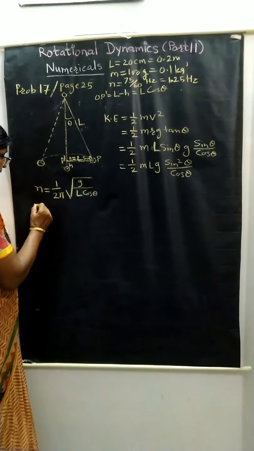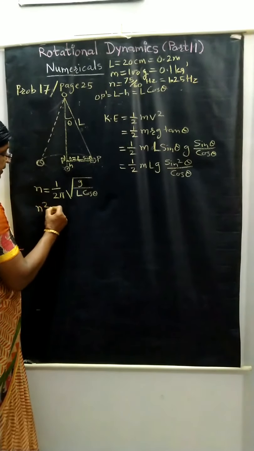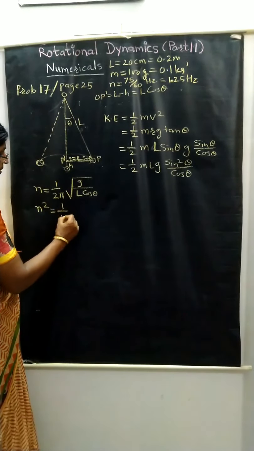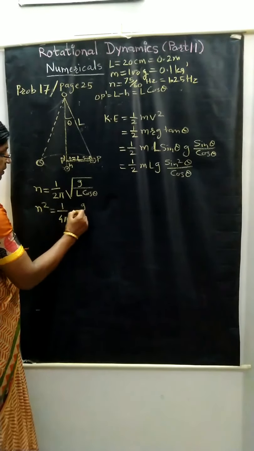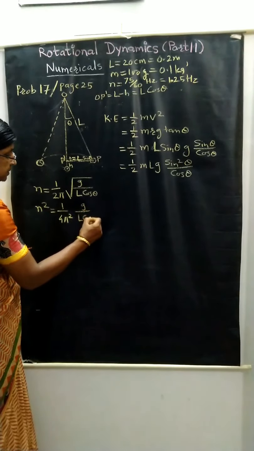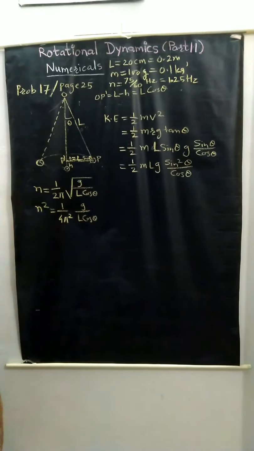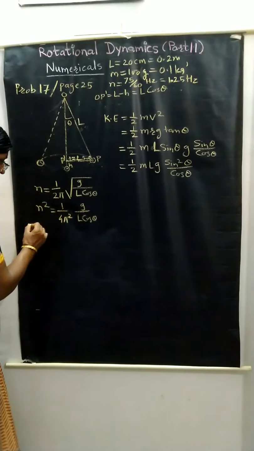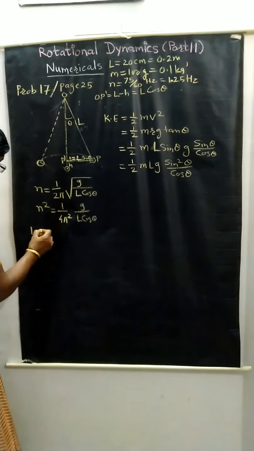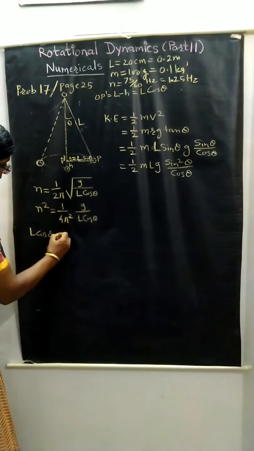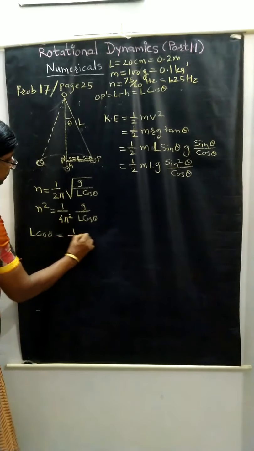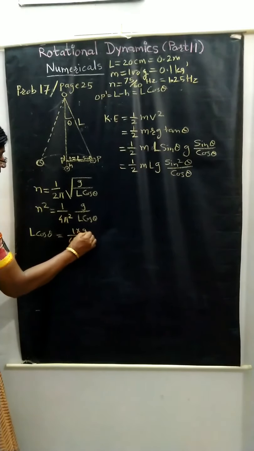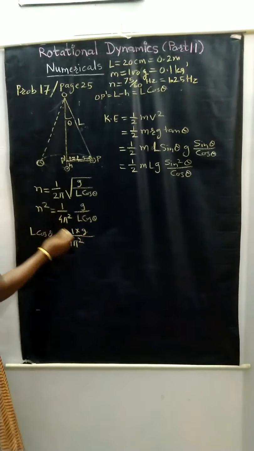Let us square the equation. So we get n square is equal to 1 upon 4 pi square g upon L cos theta. We are interested in L cos theta, hence I will transfer that term to the other side so as to get L cos theta is equal to 1 upon 4 pi square into g divided by n square.